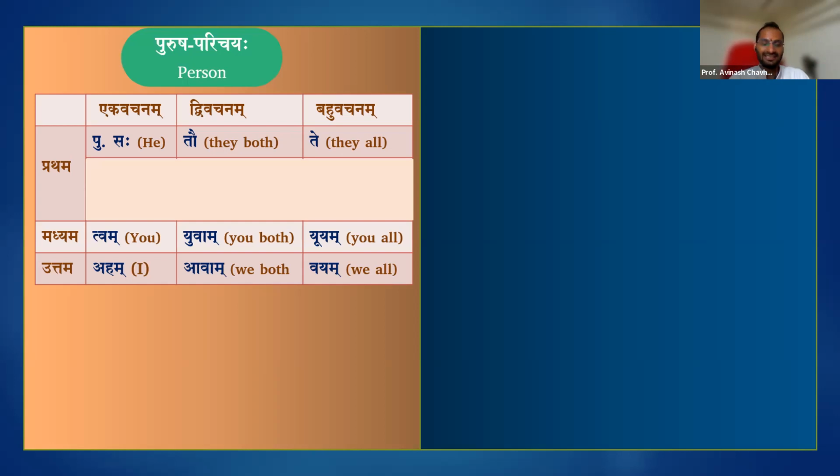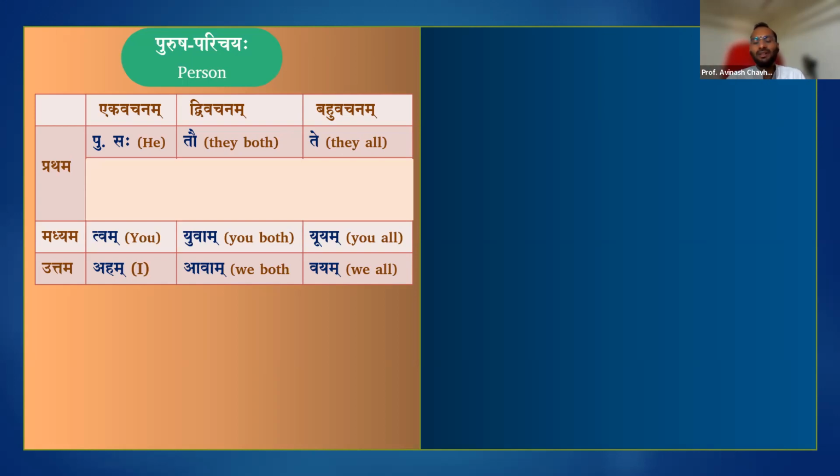Prathama Purusha: Saha, Tau, Te. Right? Then Madhyama Purusha: Tvam, Yuvam, Yuyam. These are common for Srilinga also, for Pullinga also. Like I will say, Tvam Raja Asi, you are king. And in the same way I am going to use Tvam for queen also: Tvam Rani Asi.